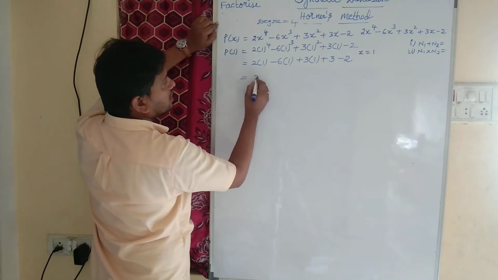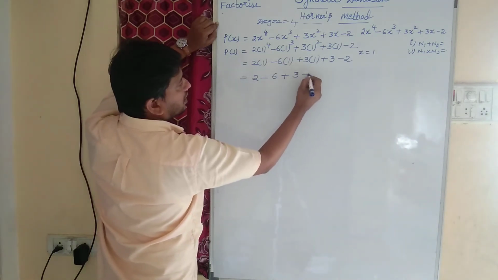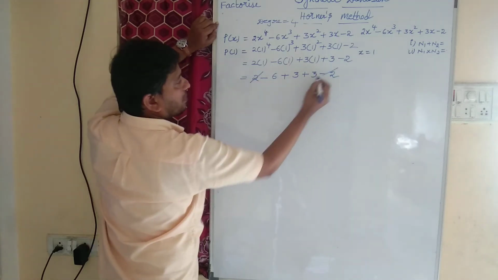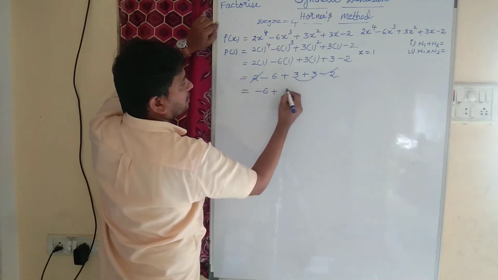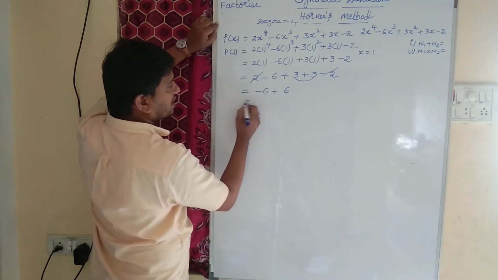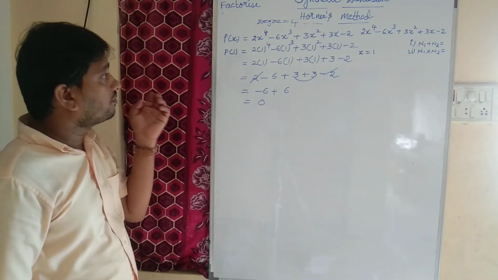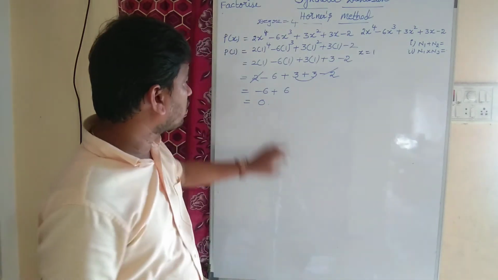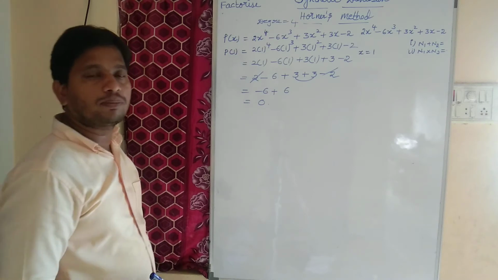Right? 2 ones are 2. 6 ones are 6. 3 ones are 3, plus 3, minus 2. Minus 2 plus 2 gets cancelled. Minus 6 plus 3 plus 3, that is 6, minus 6 plus 6, that is equal to 0. I mean, when we substitute 1 in place of x, we got the result 0. Then x is equal to 1 is a zero of the polynomial.